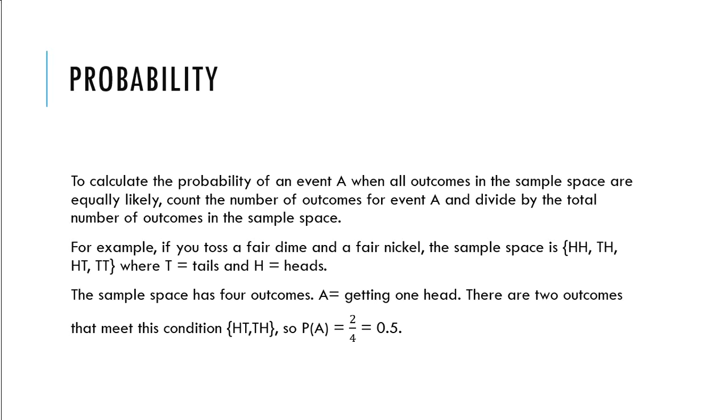This sample space has 4 outcomes. A is the event of getting one head. There are 2 outcomes that meet that condition, head-tail and tail-head. So the probability that event A will occur is 2 over 4, or 0.5.